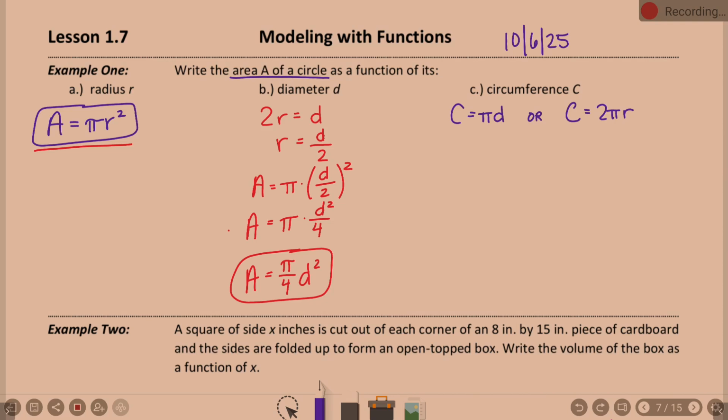Or if you really want to, you could solve this one for d and plug it into the formula that involves d. C equals 2 pi r. If I solve this for r, what is this going to be? Divide by 2 pi. So r is C divided by 2 pi. It's about as clean as it's going to get.